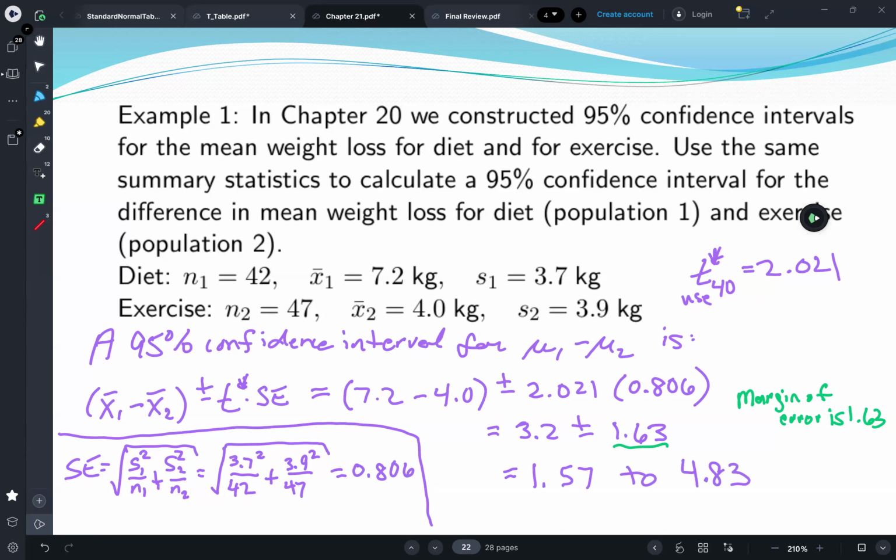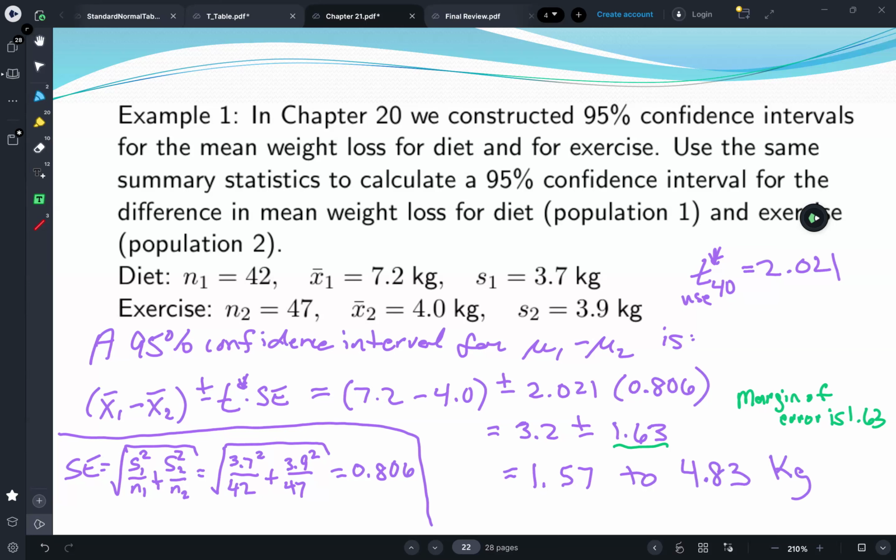So our confidence interval goes from 1.57 to 4.83. Then you go, okay, that was the weight loss. That's the difference in weight loss. We can put a unit to it because I believe it was kilograms. So it's kilograms.